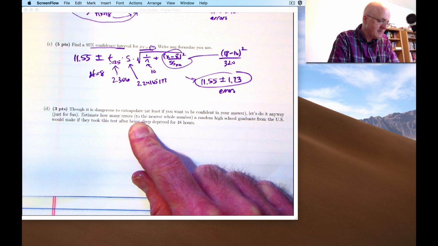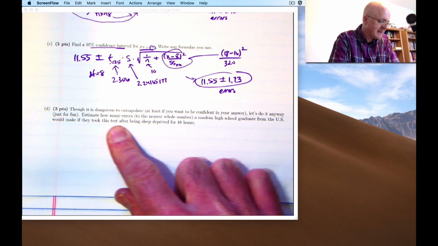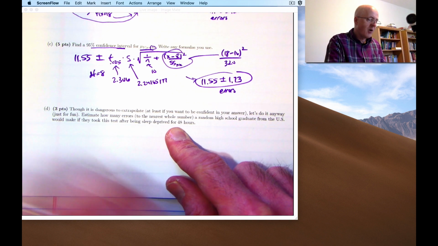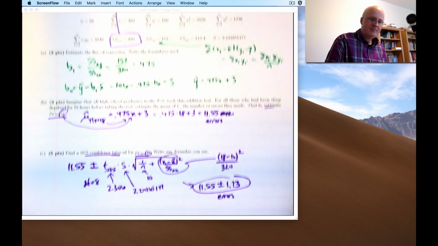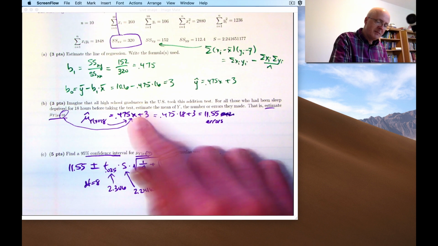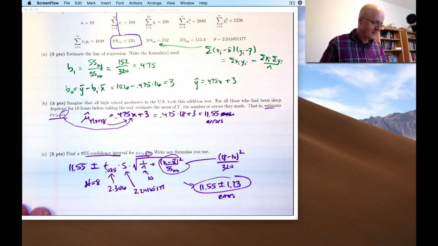Estimate how many errors, to the nearest whole number, a random high school graduate would make if they took the test after being sleep deprived for 48 hours, 2 straight days. So you use the regression equation, plug in x equals 48. Probably be better to call it y hat in that case, because we're talking about an individual student.